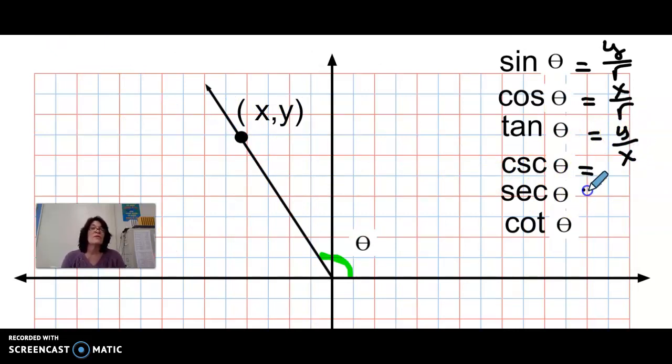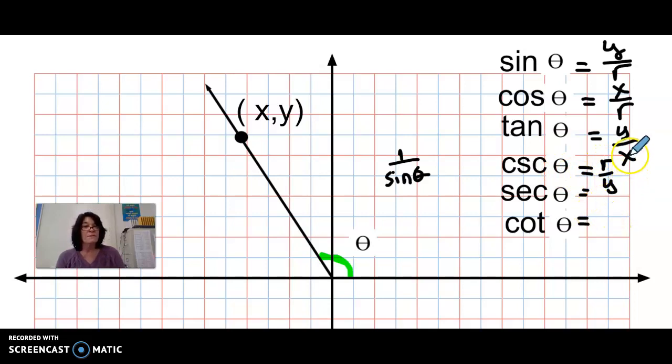Now, I believe you learned the reciprocal trig functions. Cosecant is the reciprocal of sine. So cosecant will obviously be r over y. Tell you the truth, I don't really memorize these. I just know to flip sine if I need cosecant. But there's lots of different ways to do it. Just for completeness, I'm going to write these. Okay, cosecant is r over y.